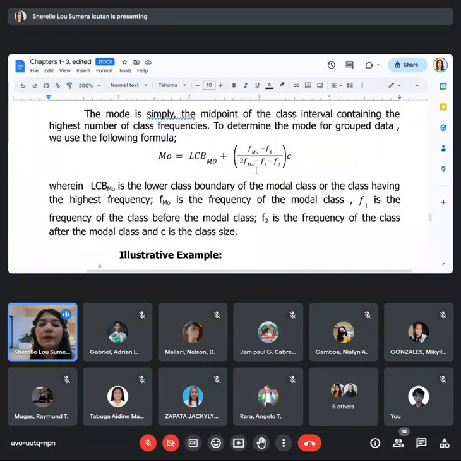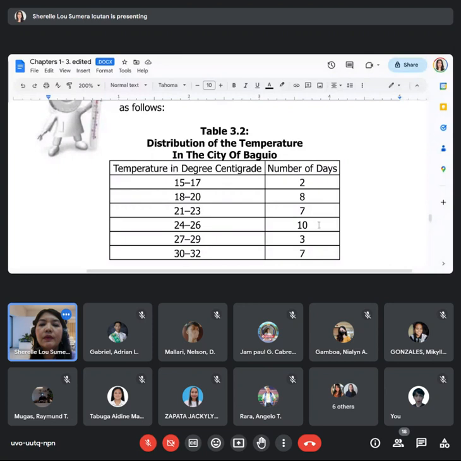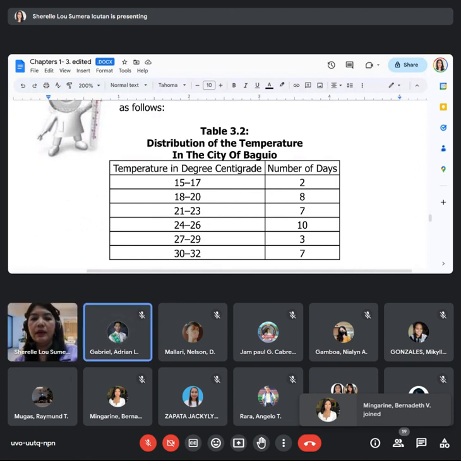So what if we have this illustrative class now? The first, the second, the third, the fourth, the fifth, or the sixth class interval? What is your modal class, the class with the highest frequency? Fourth, ma'am.